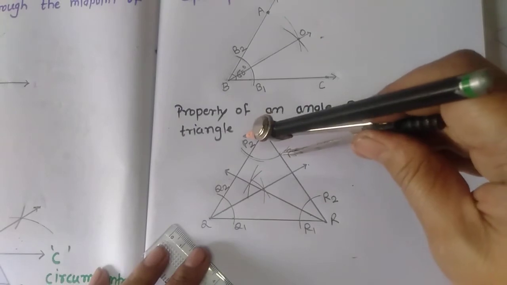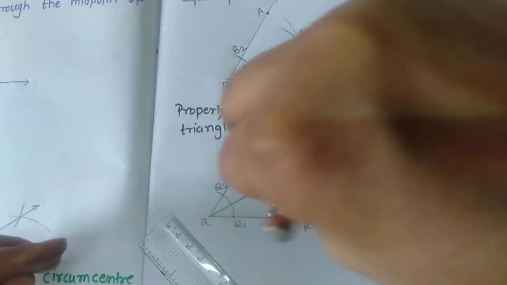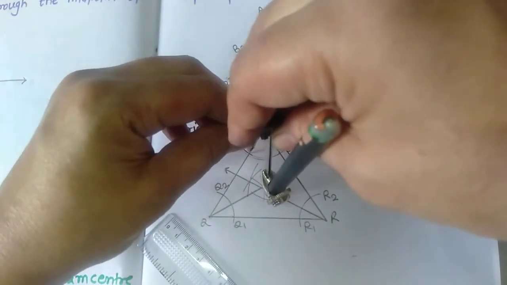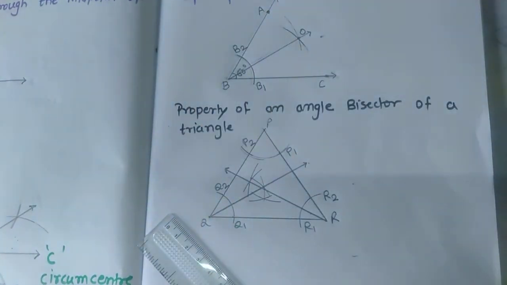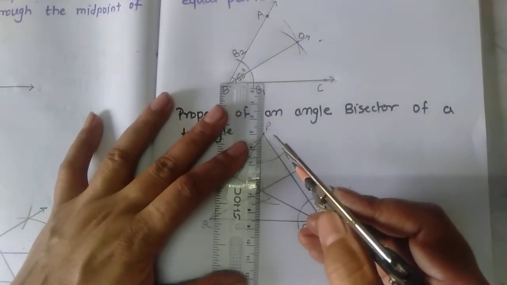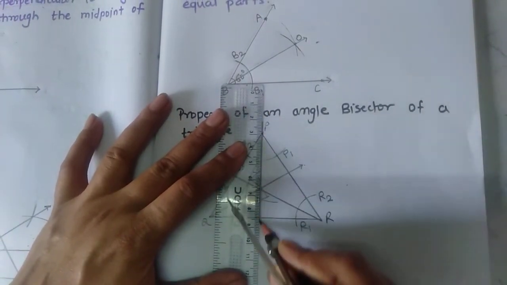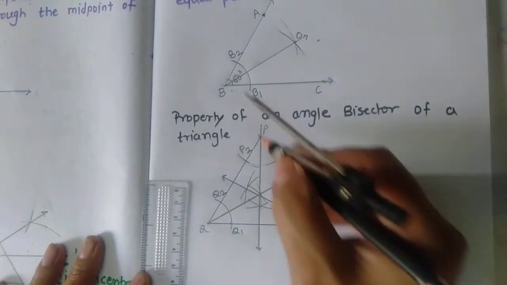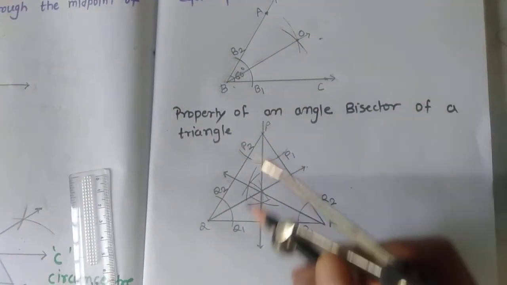Now draw the arc from P1 and P2. Join this intersection point to P. This is the angle bisector of angle P.